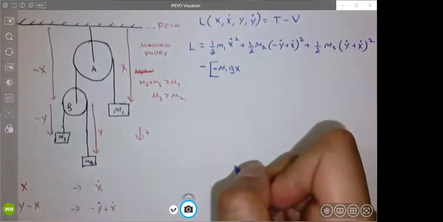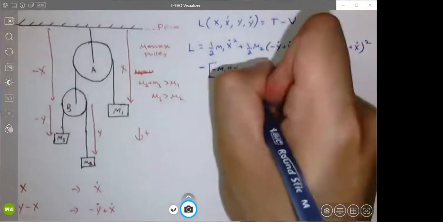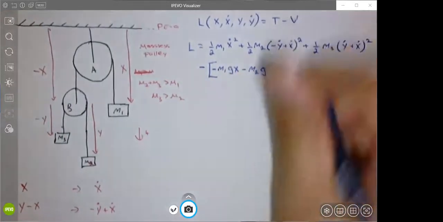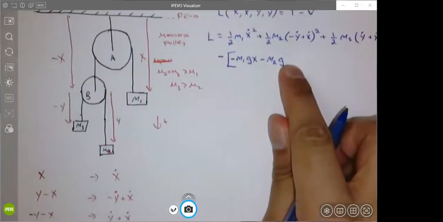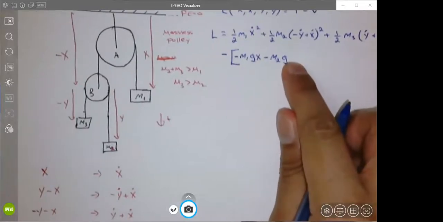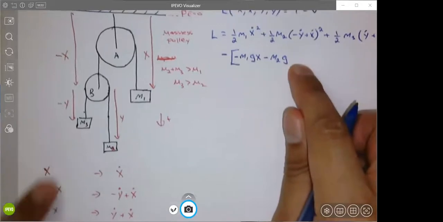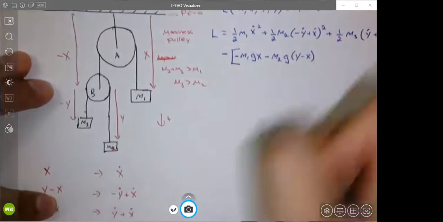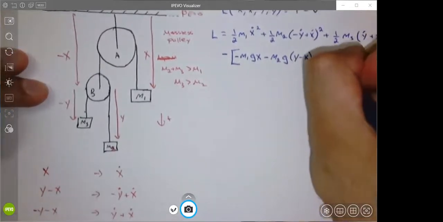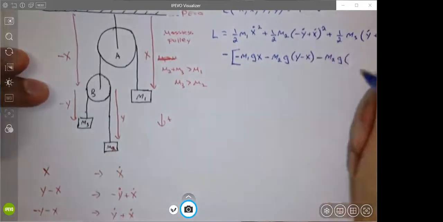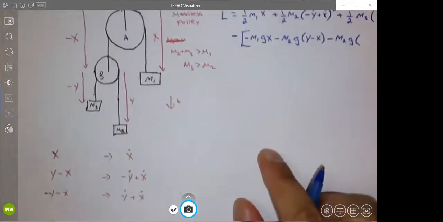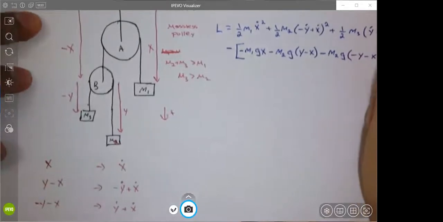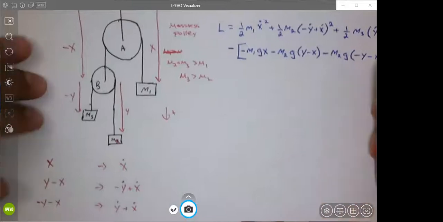So that's the first potential energy. And then the next one is going to be minus m2g, and then whatever the height for the position for object 2 was, which was y minus x right here. So we have y minus x. Finally, we subtract from that m3g, and the position for that was negative y, negative x. Negative y minus x. And I believe that's it.